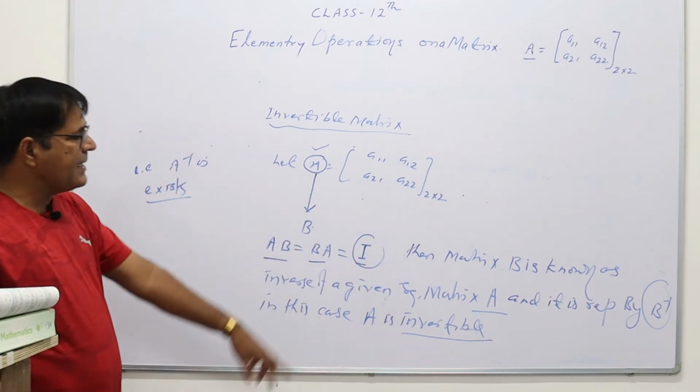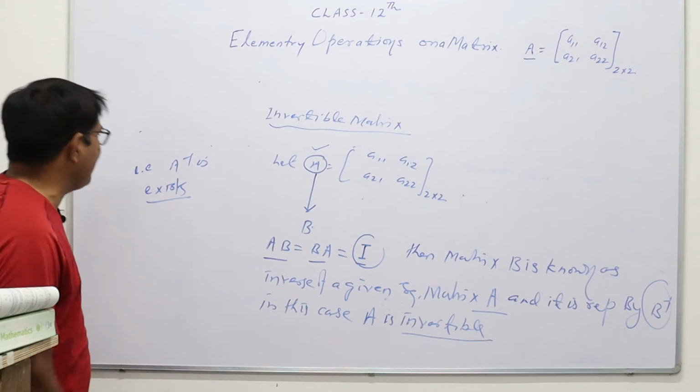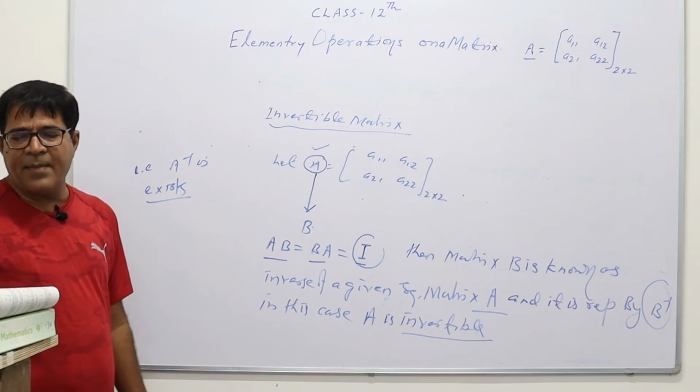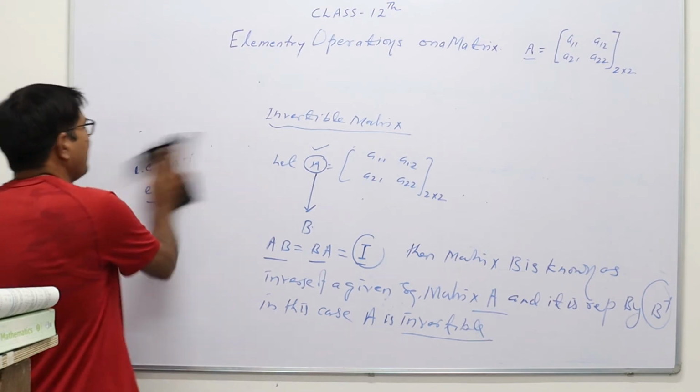And A is invertible. Invertible means A inverse exists. So this is about the invertible matrix.